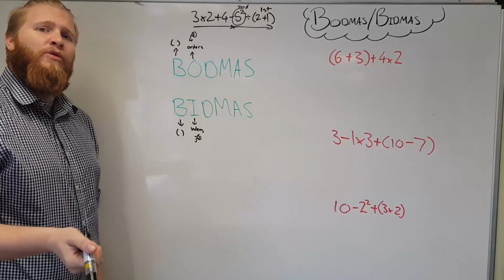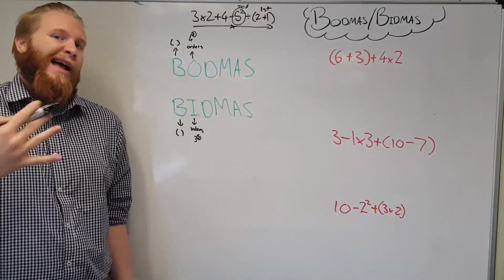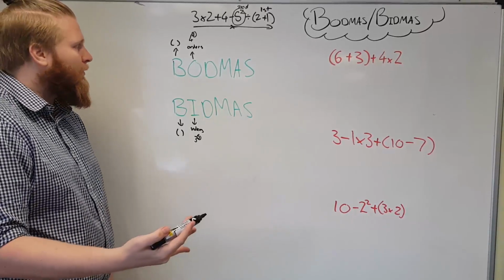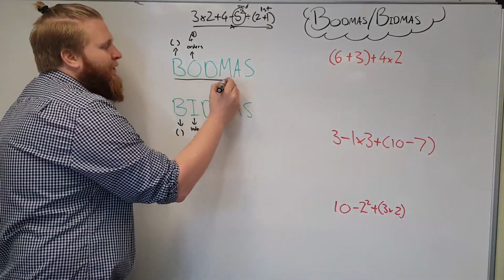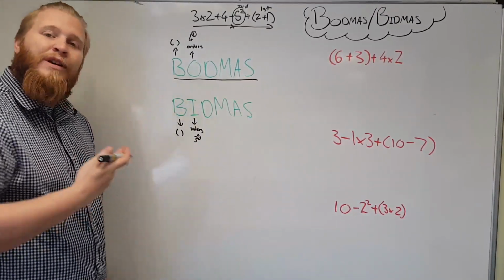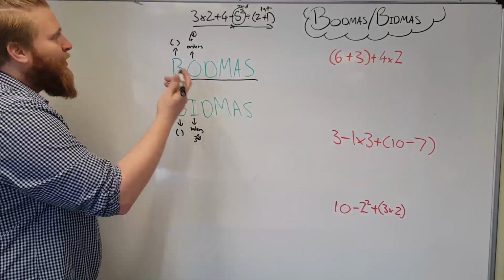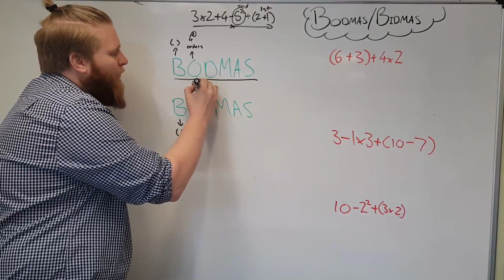Now, an easy way to remember it, because orders and indices, if I remember that in a test, I might forget what that means if it's something that I've newly learned. So I tend to use BODMAS rather than BIDMAS. The reason I use BODMAS is because rather than orders, I remember it as over.